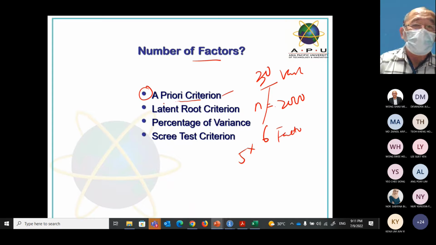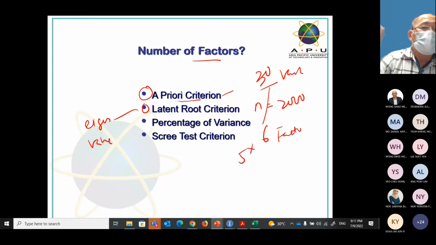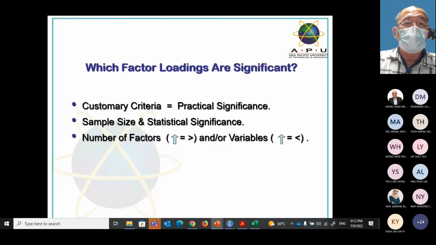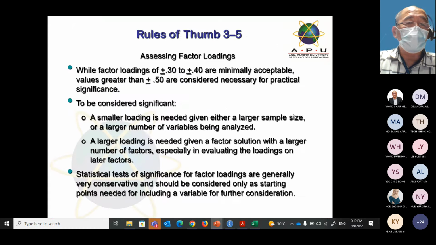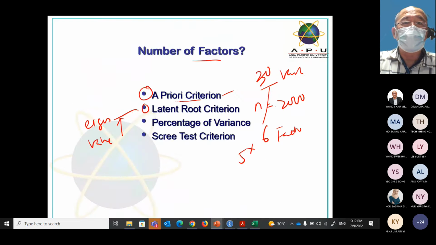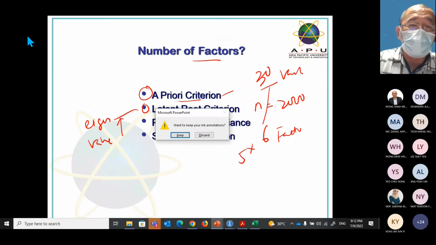Next, the second method is the eigenvalue. If the value is high, it means there is high correlation between the variable and the factor. We can get the eigenvalue from the output, I think I can show you.